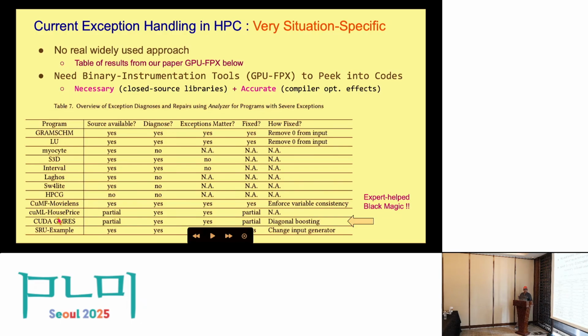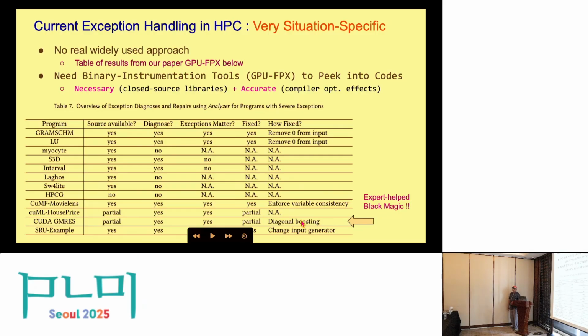This is a summary of over 256 examples, small to medium to large. In some cases we had sources available, and in some cases we did not know what was going on because it was not code that we wrote, and in some cases we can say the exceptions do not matter. But largely the exceptions did occur, and in one case the solution itself was polluted by NaNs.